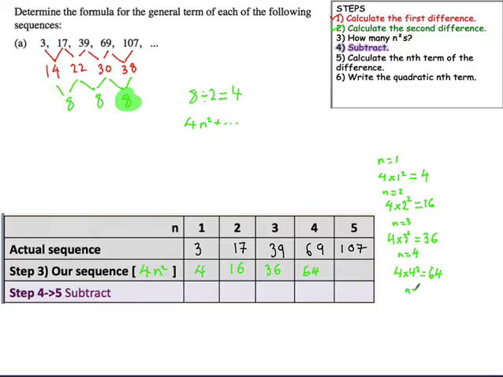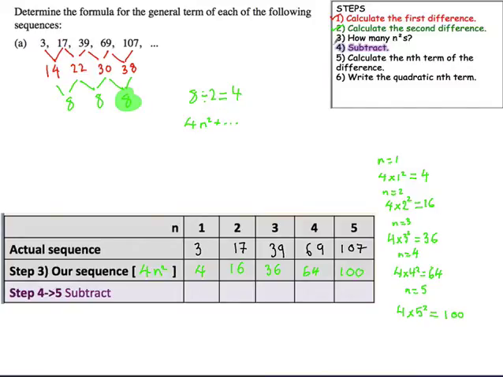And when n equals 5, our sequence is 4 times 5 squared, which equals, well, 5 squared is 25, times that by 4 is 100. So that is 100.